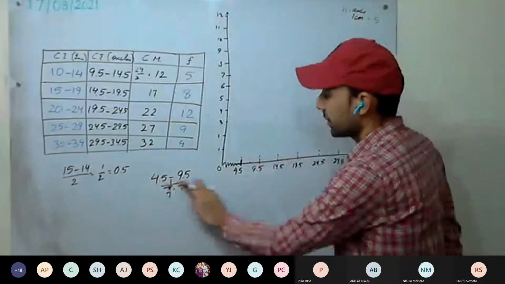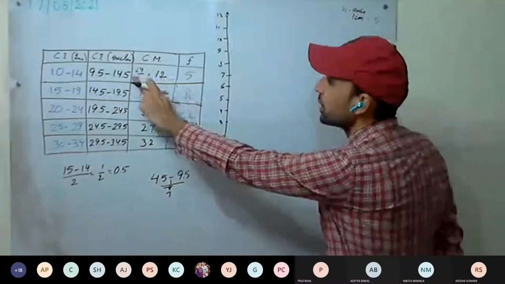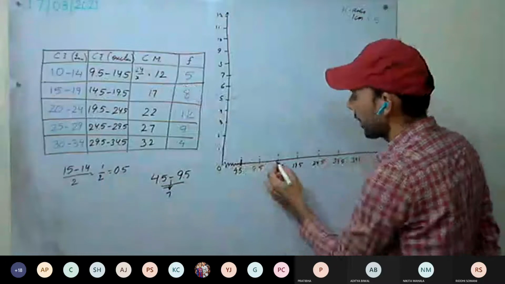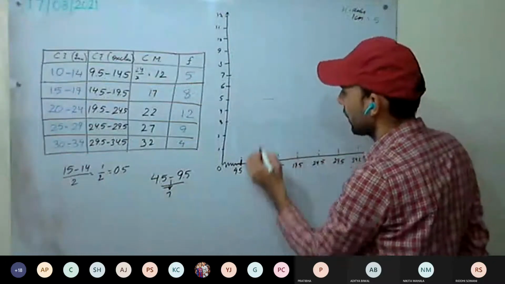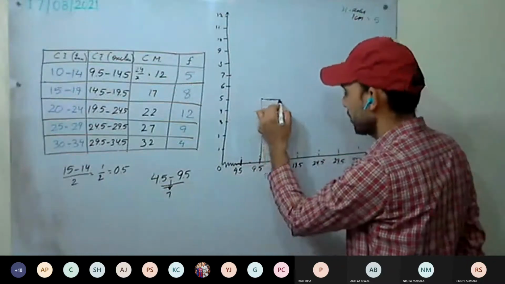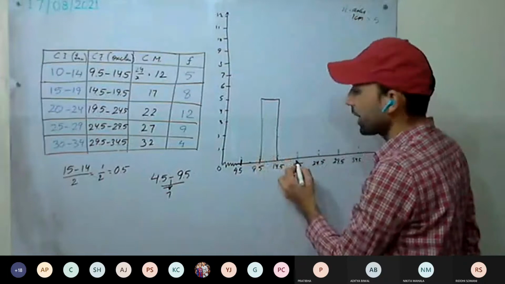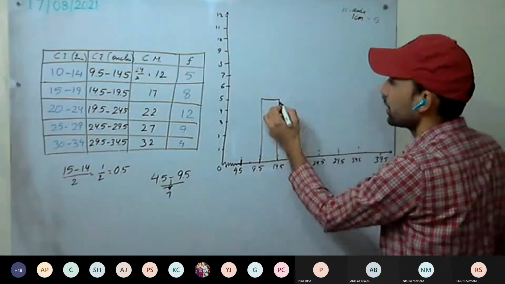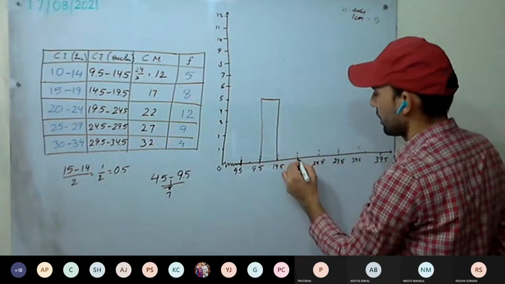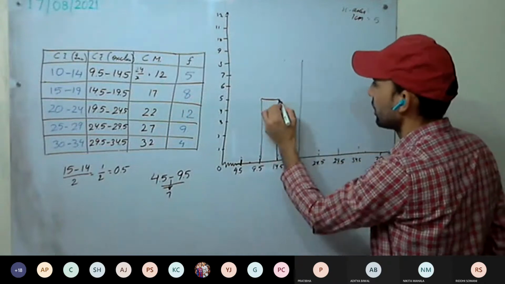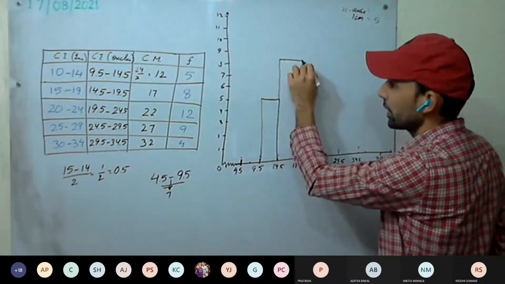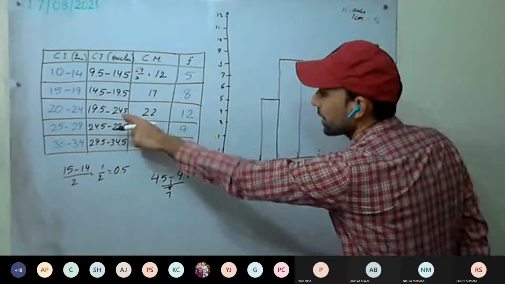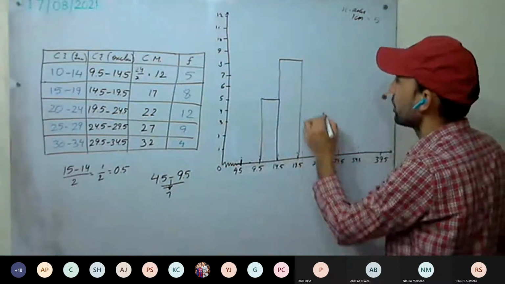First class interval, this we have taken 0, up to 5. So 5. Next class interval, 8. Next class interval, 12.